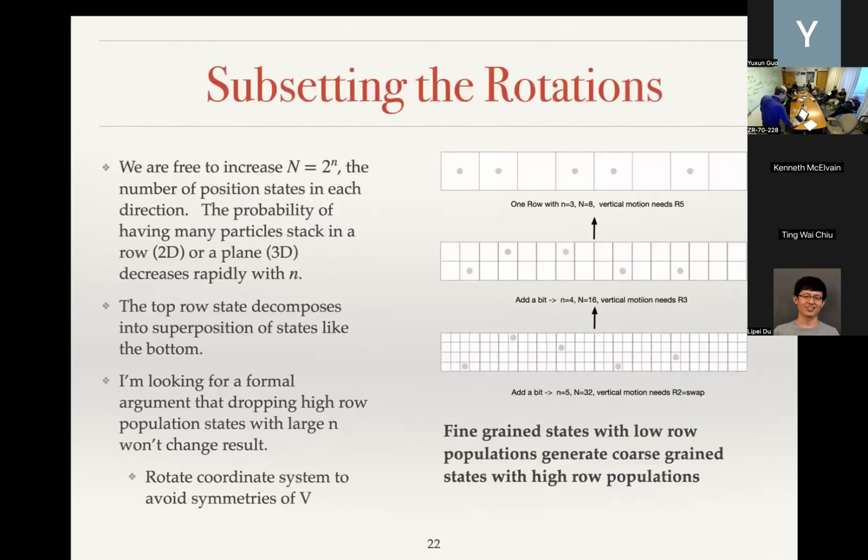Okay. So this is something I'm working on right now, and I need to come up with a formal proof of this. But if I increase my n, let's say I make it very fine-grained, I'll have states that look like this, where I have only a small number of particles in a row.